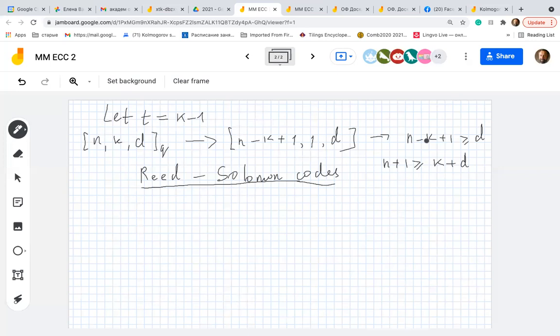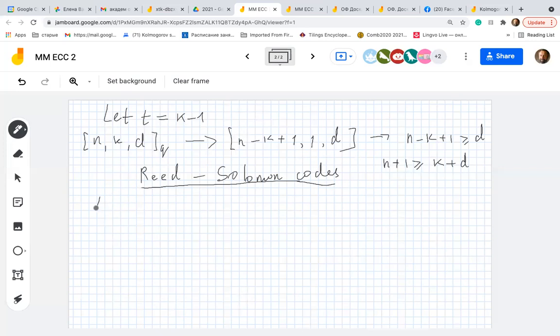They have an alphabet which is larger than or equal to the block length. And the other minor point is that the cardinality of the alphabet should be a power of a prime, because Reed-Solomon codes are also linear codes. So they need a field structure on the alphabet.